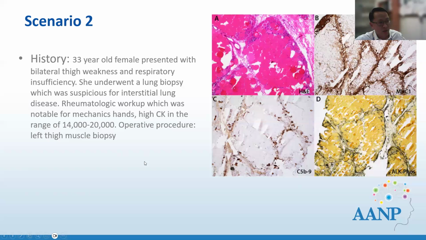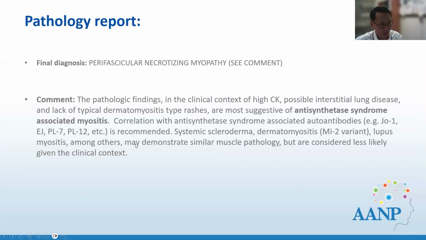Now, scenario 2, we still have a good amount of history. We have the age and gender, we have the lung biopsy showing interstitial lung disease, we have the CK levels, just not the serum antibody. Now, in this case, we don't have a 100% definitive diagnosis, but we have a pretty good idea. This is probably antisynthetase syndrome.